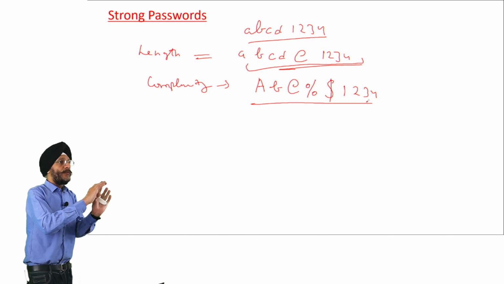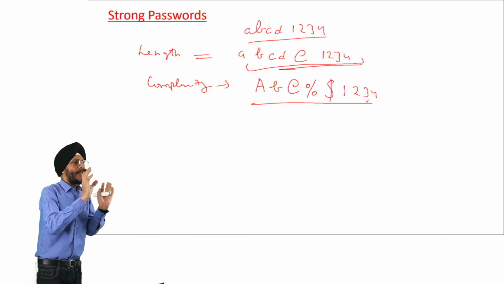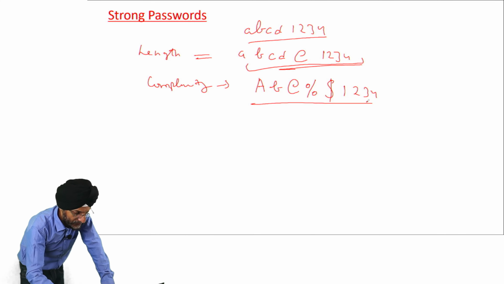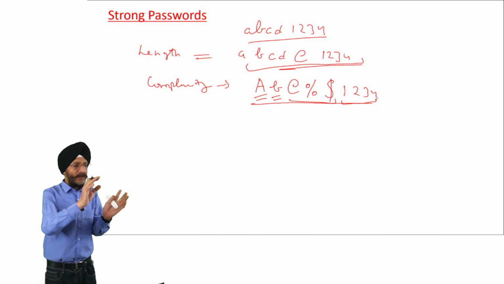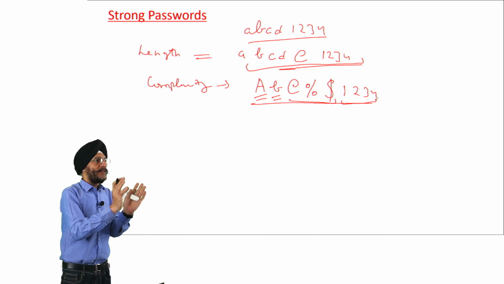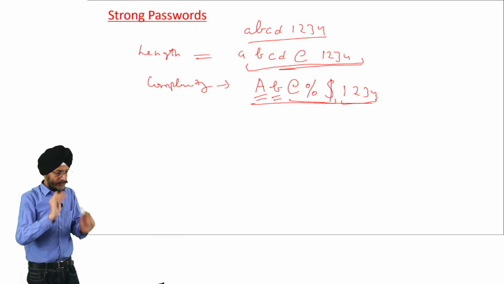In this way we can make the password strong. Here this is the uppercase, this is the lowercase, these are the special characters, and these are the numerals. We can write it properly. I am only giving an example here.